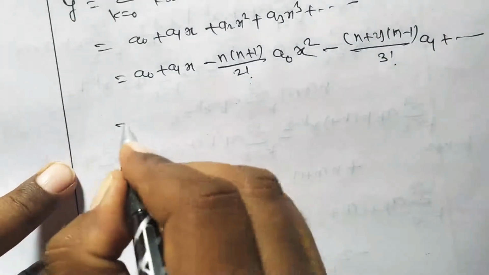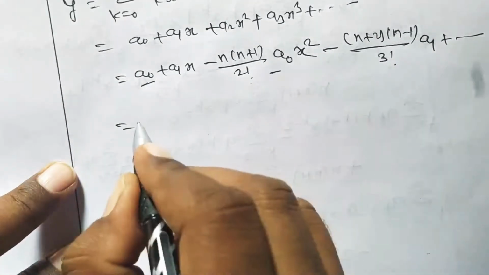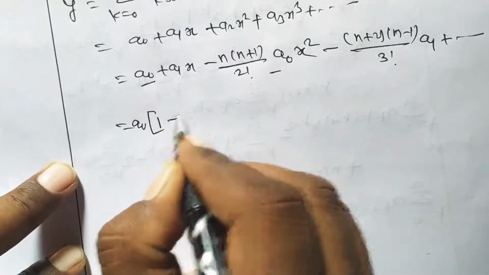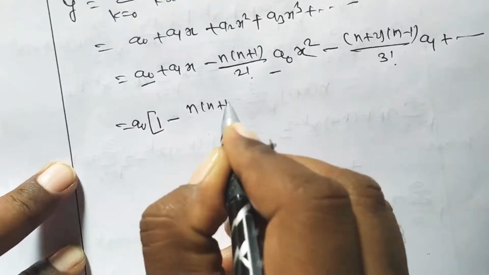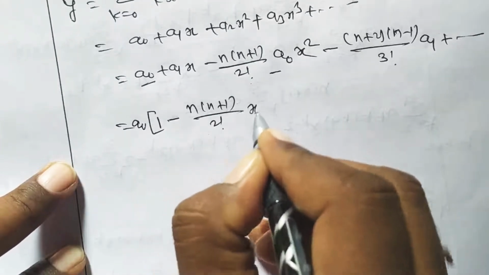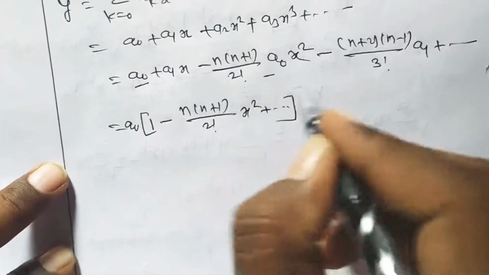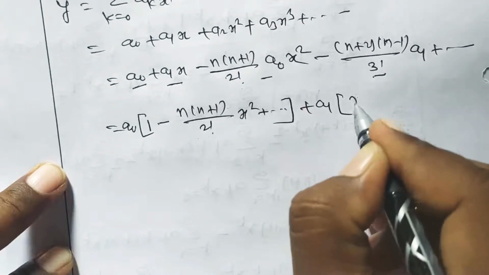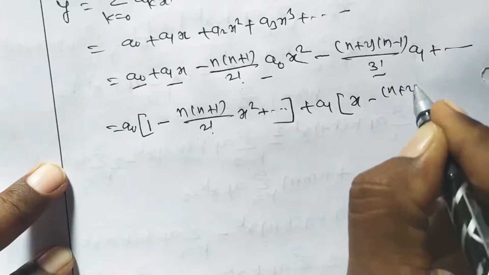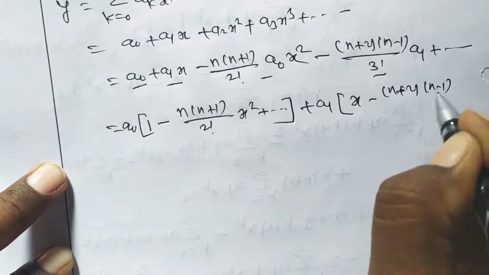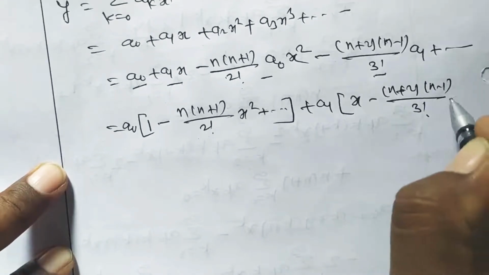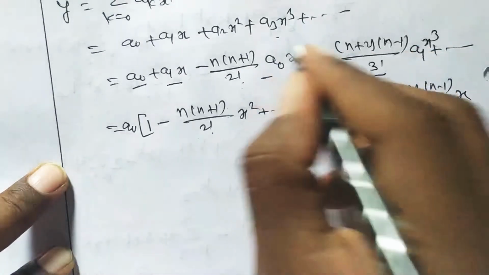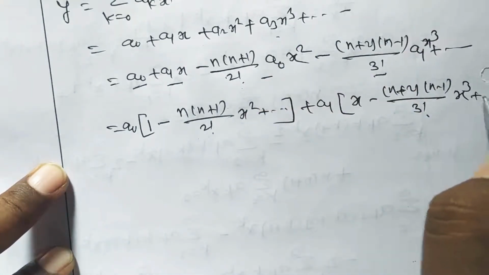Okay, so after simplification from these two terms, if we take a0 common, a0 in bracket 1 minus n into n plus 1 upon 2 factorial x square plus so on, and from this and this, if we take a1 common, so plus a1 into x minus n plus 2 into n minus 1 upon 3 factorial into x raised to 3, here a3x cube plus so on.